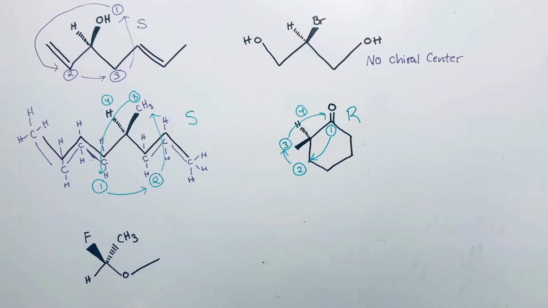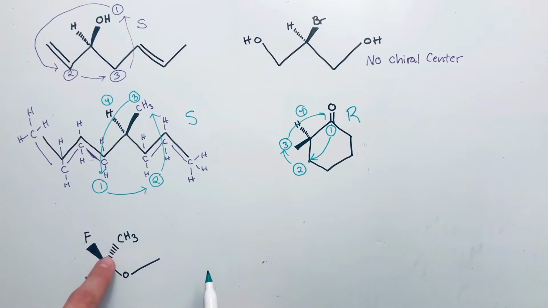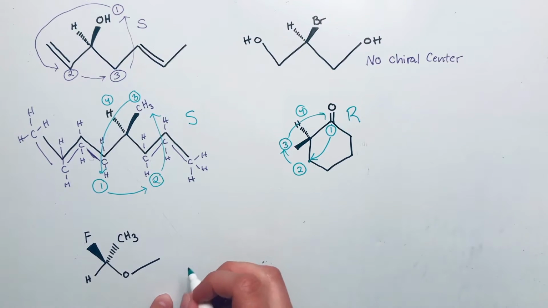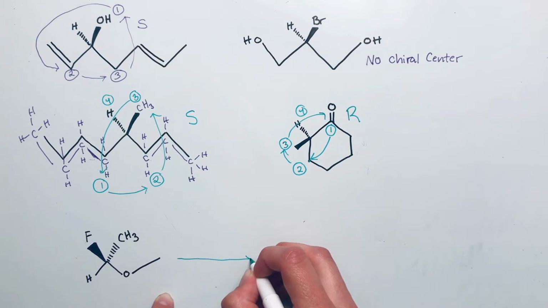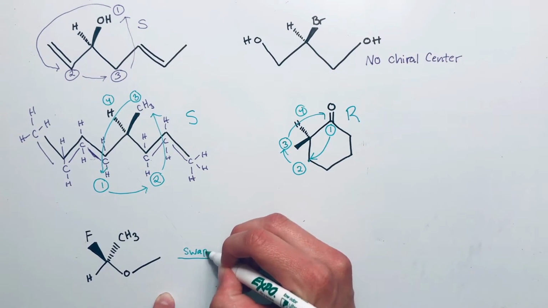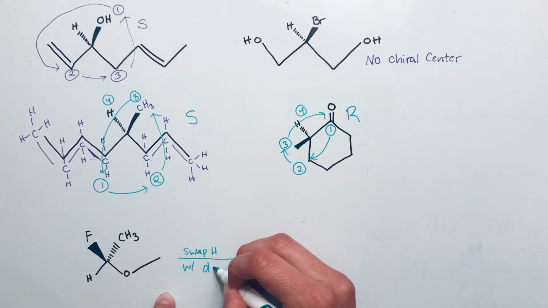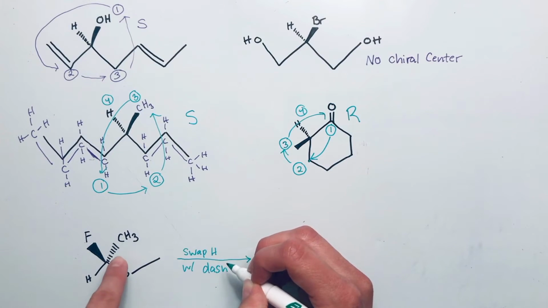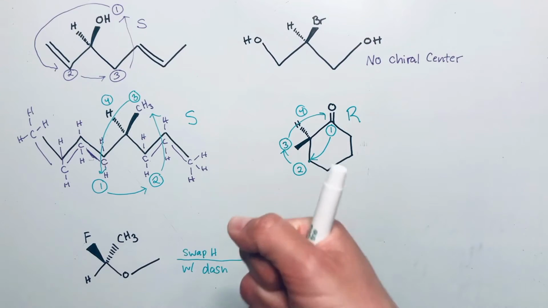All right, this problem down here in the corner. As you can see, our hydrogen is not on either the dashed line or the wedge. So there's a different technique to do these problems, though they're all kind of done the same way. What we're going to do is swap the hydrogen with the dash. Remember, if you're thinking about it in a 3-dimensional way, the dash is where you want to hold it.